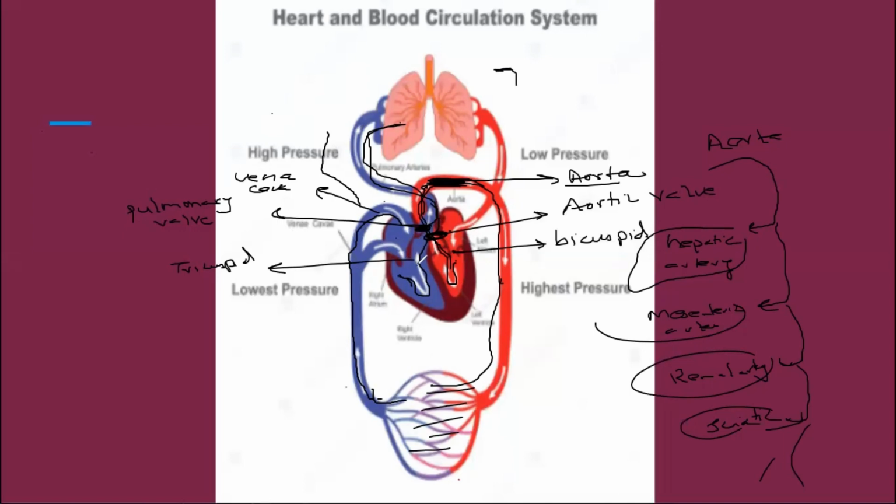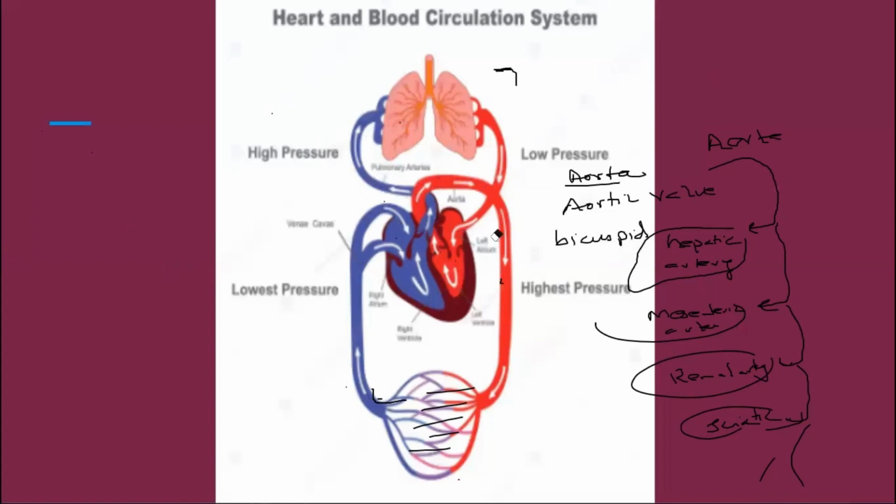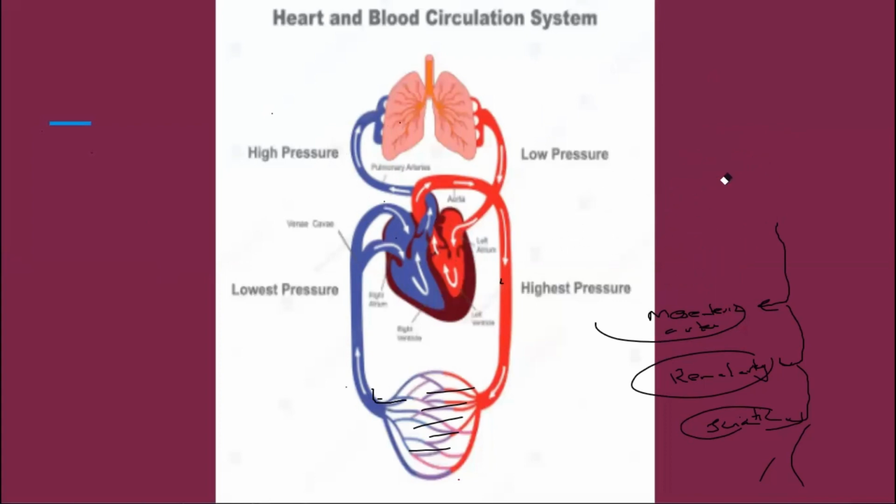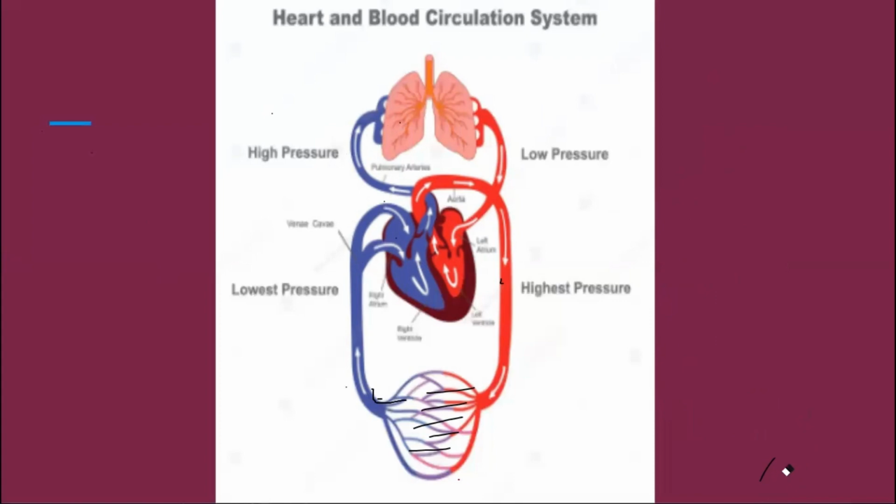Now, the blood vessel which is taking the blood to the lungs: the right ventricle, when it contracts, the deoxygenated blood is pumped to the lungs. Anything which is associated with the lungs is given the word pulmonary. So the blood vessel which is taking the deoxygenated blood to the lungs, this blue one, from the right ventricle to the lungs, is called the pulmonary artery.